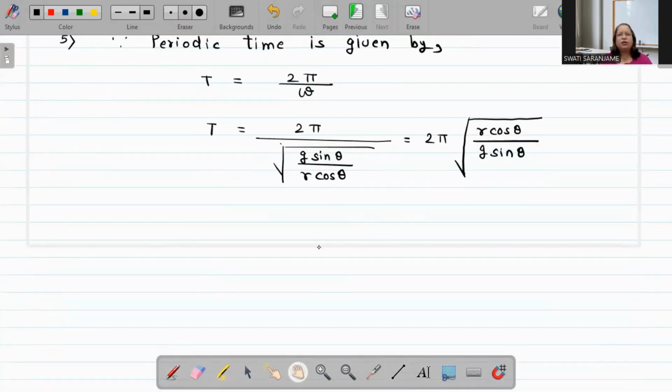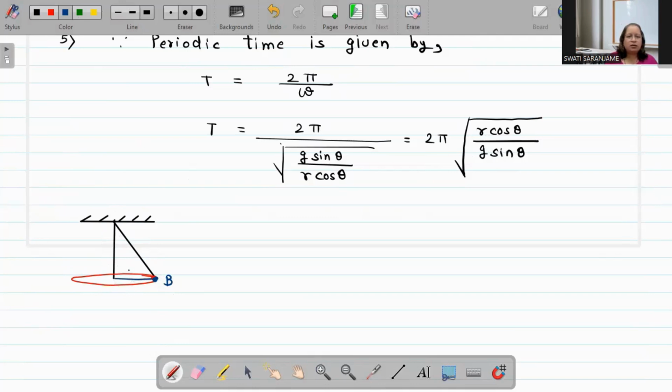Now, instead of going back to the previous page, I draw a rough figure of the conical pendulum, with which we can see how this formula can be transformed to another form. So this is a conical pendulum. This is position B and the circle along which it moves.